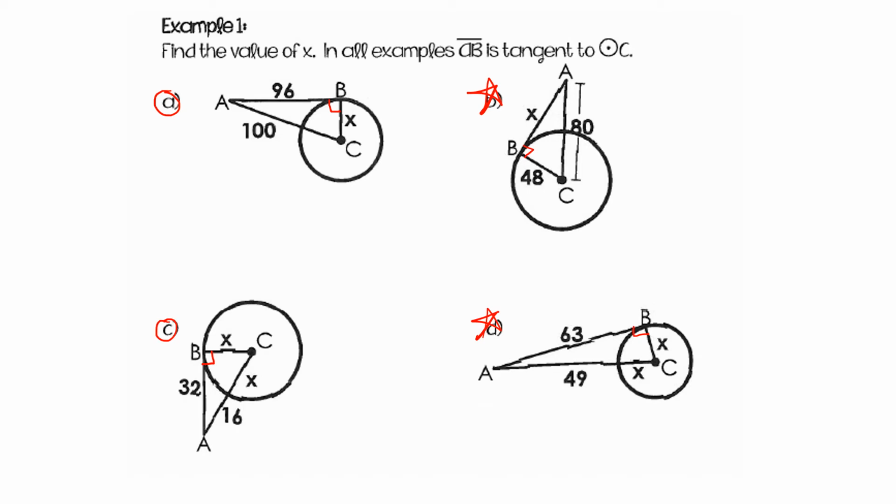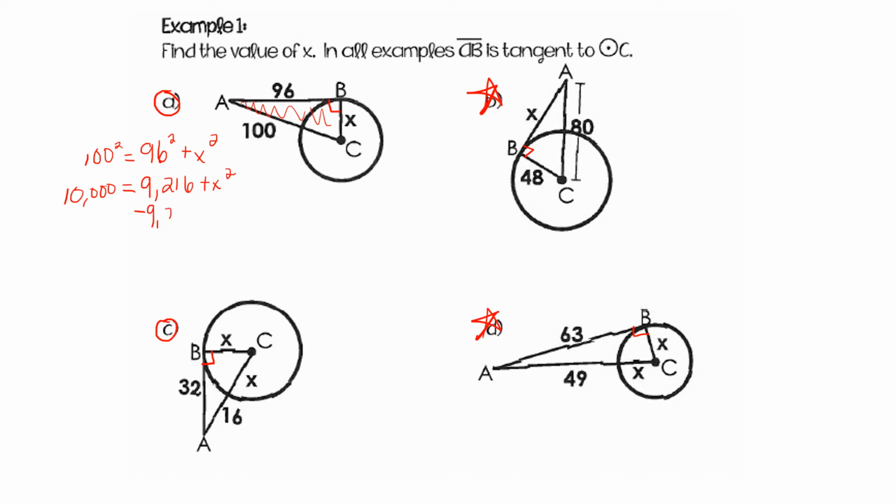So this looks a lot like a right triangle, right? So in order to solve for x, we're going to use the Pythagorean theorem, which everybody loves by now. So our C value is 100, so 100 squared is equal to 96 squared plus x squared. Well, 100 squared is 10,000. 96 squared is 9,216 plus x squared.